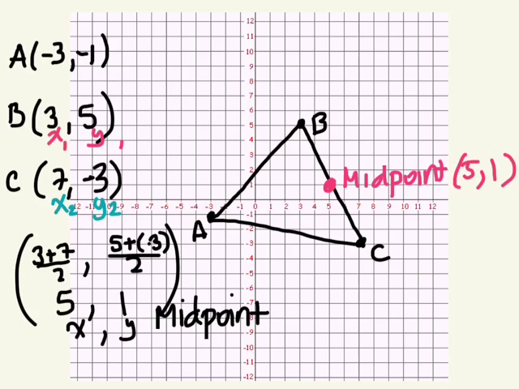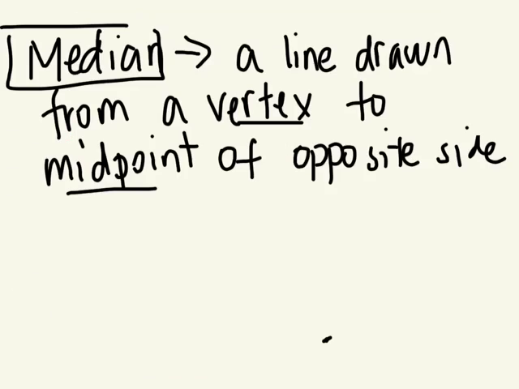Now we're going to use this information. We're going to find the median, and we'll talk about what that means, from vertex A. Now you're asked to find the median from vertex A. So a median is a line. This is what's important here. It's a line that's drawn from a vertex of a triangle to the midpoint of the opposite side.